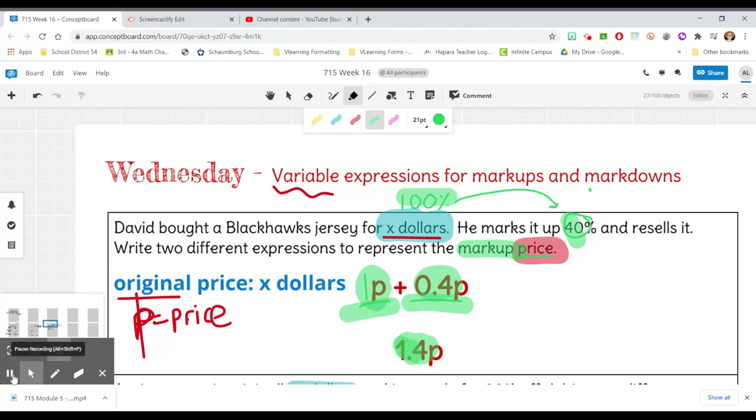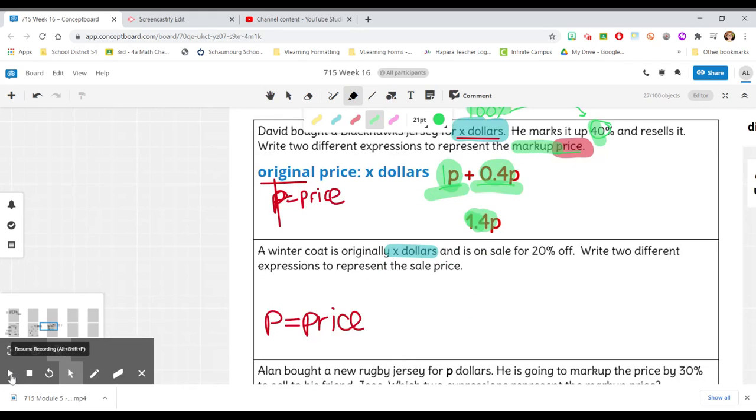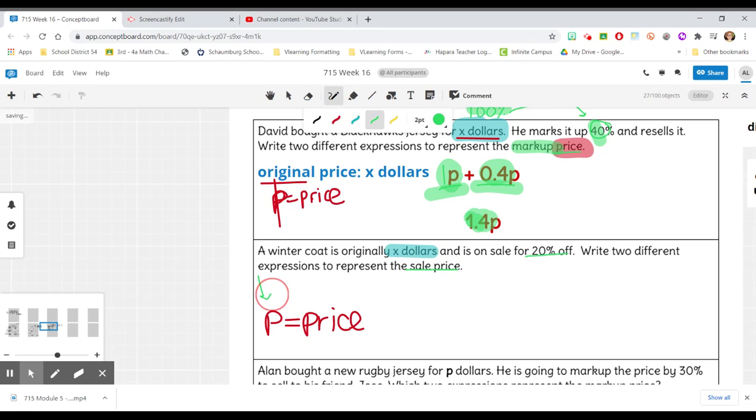That was kind of tricky with some algebra, so let's do another. A winter coat is originally X dollars, and it is on sale for 20% off. Write two different expressions to represent the sale price. Again, we don't know what this price is, so we're just going to call it variable P. If it costs X dollars, that price is going to be 100% of the price.